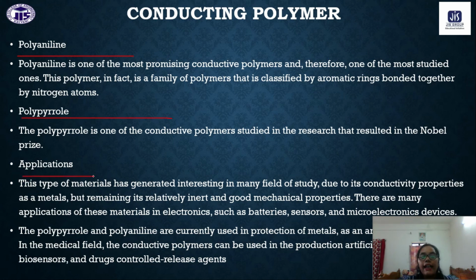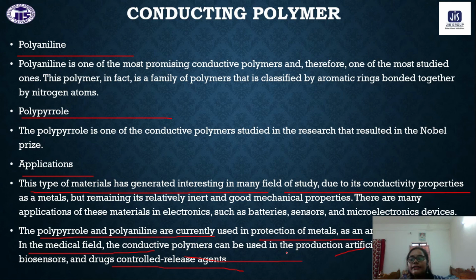Now what is the application? These types of materials generate interest in many fields of study due to their conducting properties. Okay, so polypyrrole and polyaniline are currently used in protection of metals. In the medical field, conductive polymers can be used in production of artificial biosensors and drug controlled release agents.